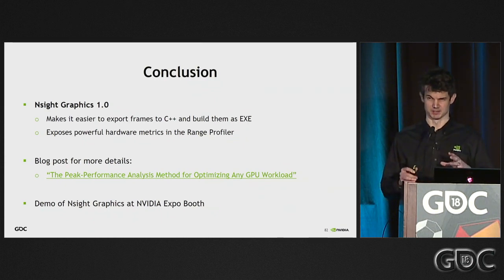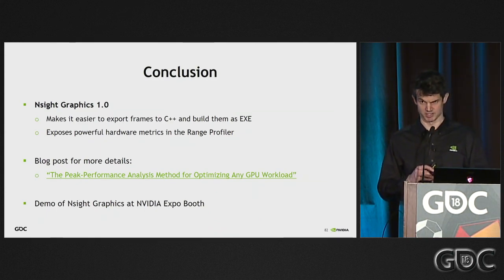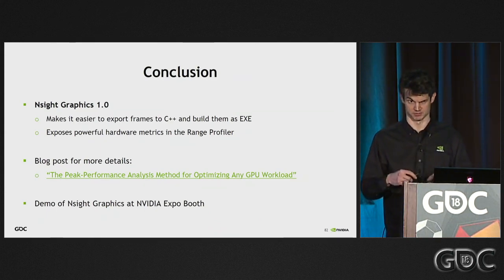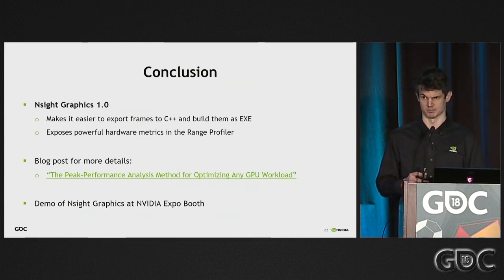And so this is really the direction we're going. It also has these additional metrics in the range profiler compared to previous versions of Nsight, and we are going to keep going and adding more useful metrics publicly. So we encourage you to use the metrics, and I think they are very powerful already.